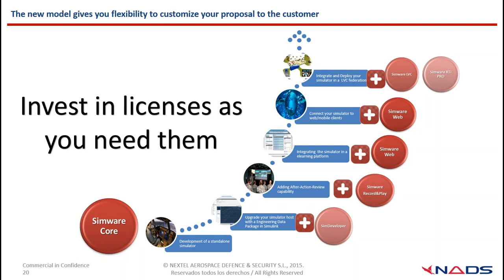Again, in this case, you only have to ask the customer what standard the traffic management simulator is using, and if they say we are using HLA, then it's not a problem. We can go to Simware LBC and build the gateway to integrate both simulators. And it is also your choice. You can decide to use another RTI like Mak or Pitch, or you can decide to deploy this HLA network using our own middleware, our own RTI Pro.